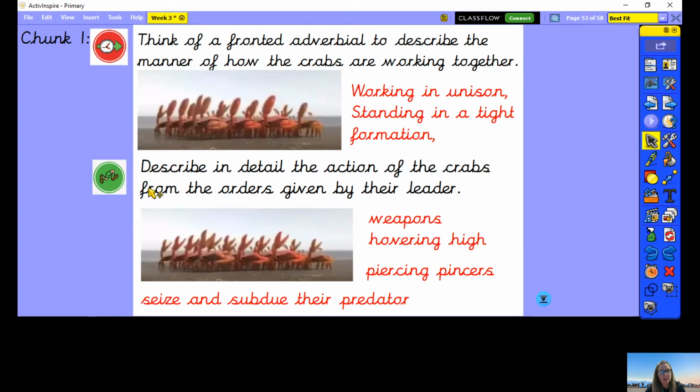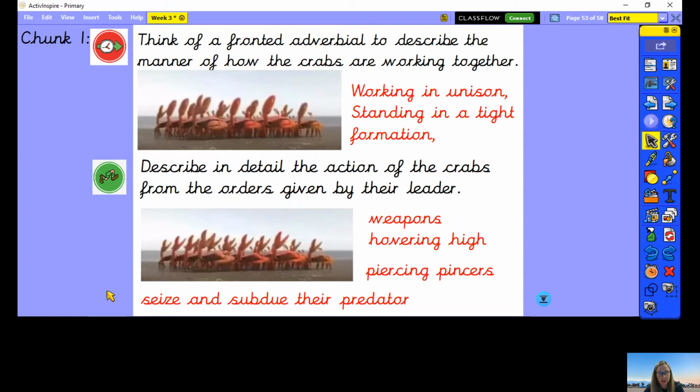And then perhaps for the second part of this chunk, you might think about describing in detail the action of the crabs from the orders given by their leader. So maybe they've got their weapons hovering high above them, and they've got their piercing pincers ready to stop that menacing seagull.